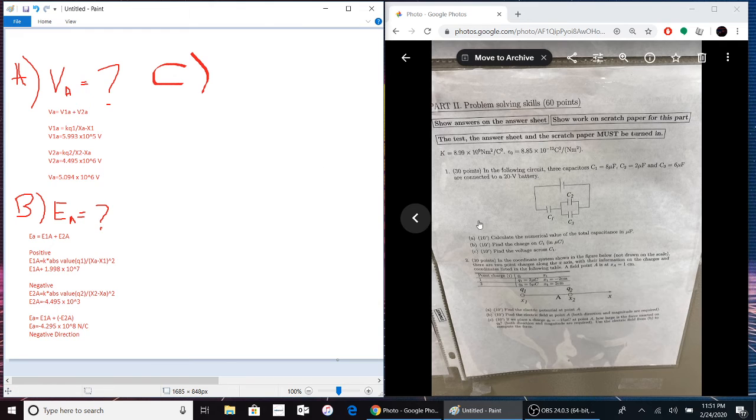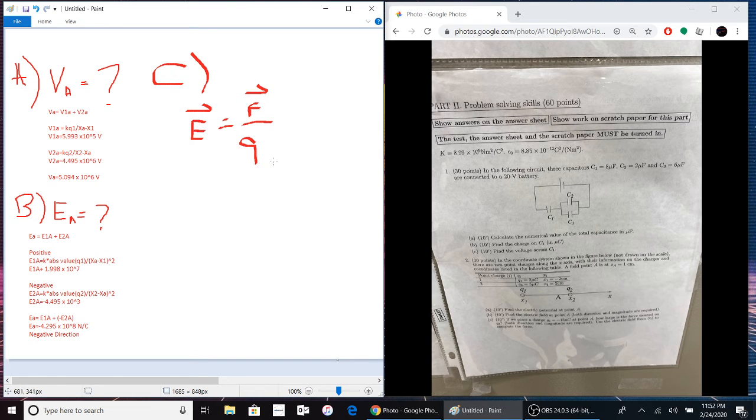For C, we're placing a point charge. If we place a charge at Q3 equals negative 15 microcoulombs at point A, how large is the force exerted on Q3? Both directions of magnitude are required. Use the E field from B to compute the force. So we need to understand that E, remember this equation, E, it's a vector, is equal to F over Q0.